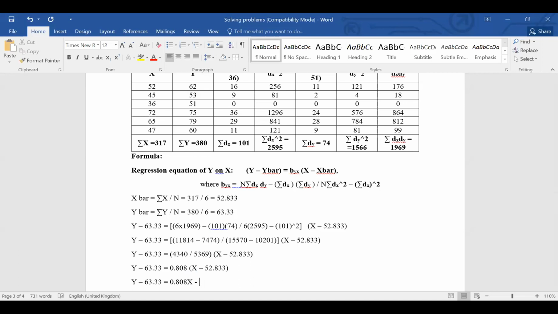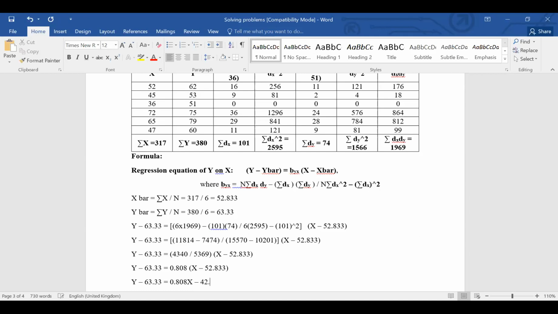Please put it in the chat box. After multiplying 52.833 into 0.808, you are getting 42.689.